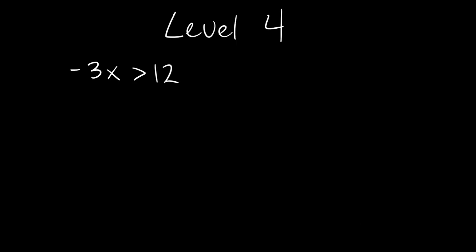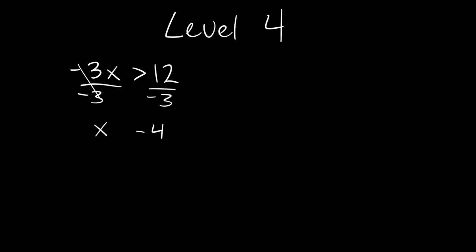This is level 4 of 4 levels, where we have a negative coefficient. The coefficient is the number that is being multiplied by the variable. To solve this inequality, we do what we normally would do, and that is to divide by -3 on both sides. Those -3's cancel, we get x on that side, and 12 divided by -3 is -4.